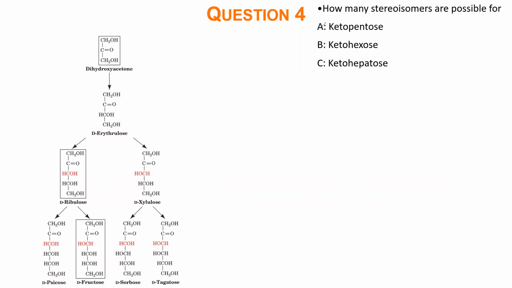So ketopentose, let's look at this name. Keto means we're dealing with a ketone, so our carbonyl will be at carbon 2. And a pentose means we have 5 carbons. So let's draw this. This is a ketopentose.